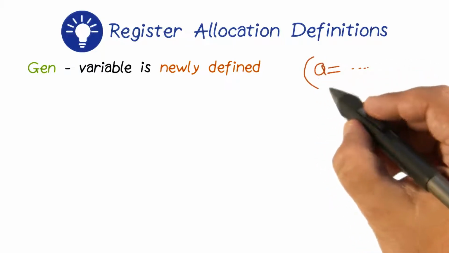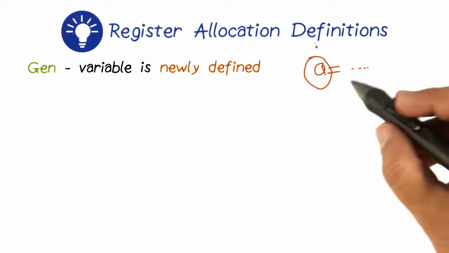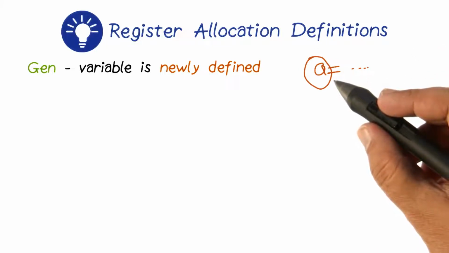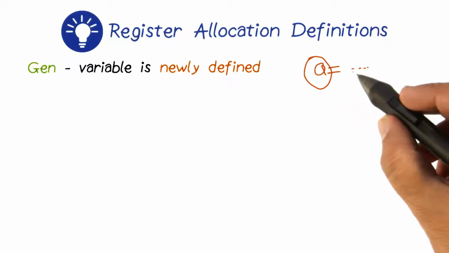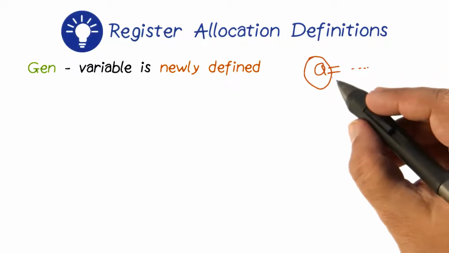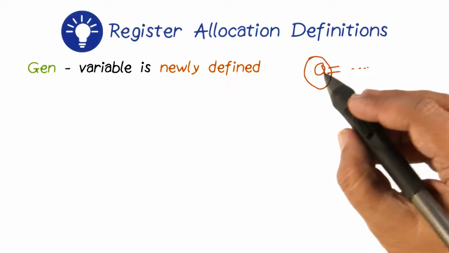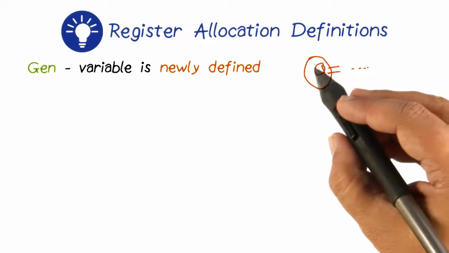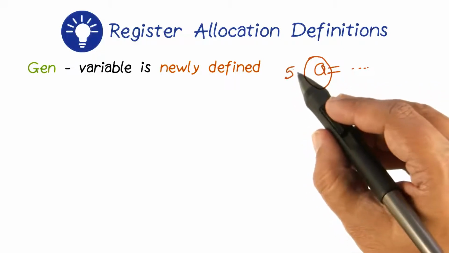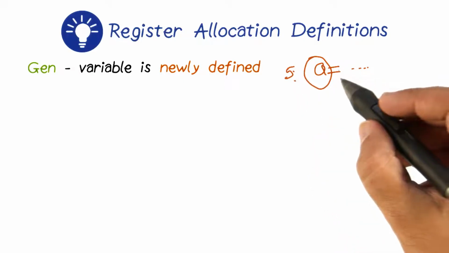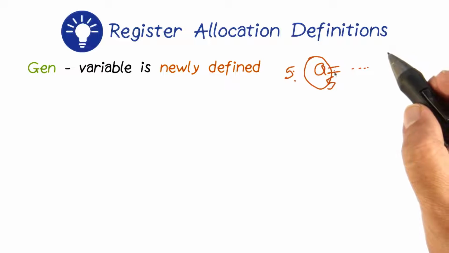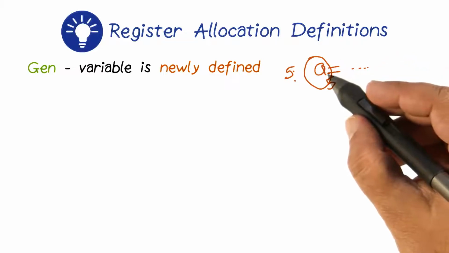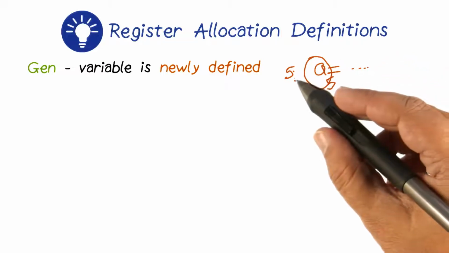Here is a definition for this variable, and we say that this definition is generated at this point. We typically give it a label. If this A is present at instruction place 5, then it will be called A5, to show that this is a particular definition of A present at location 5.